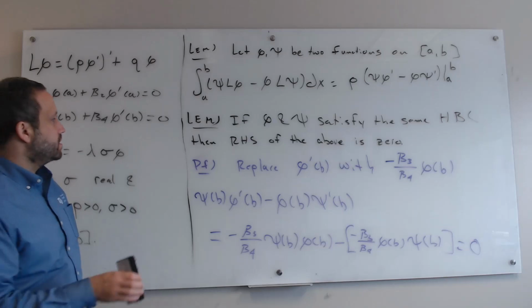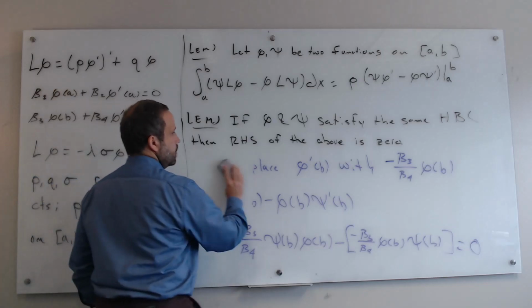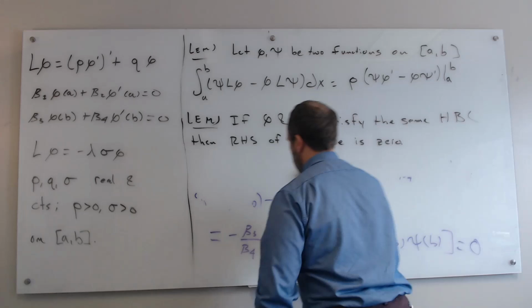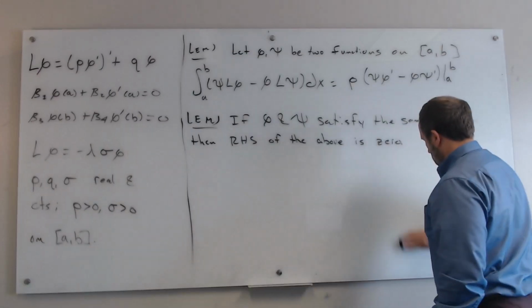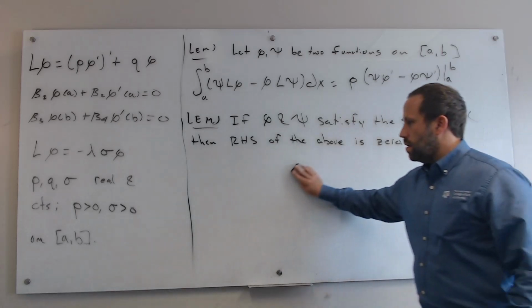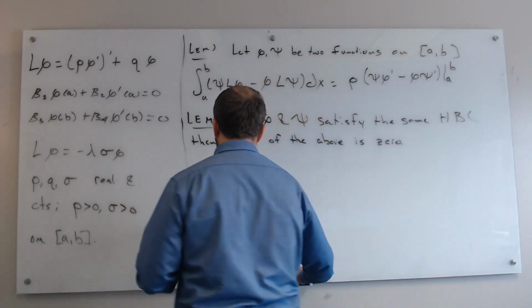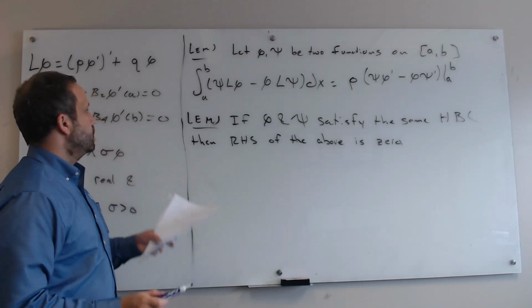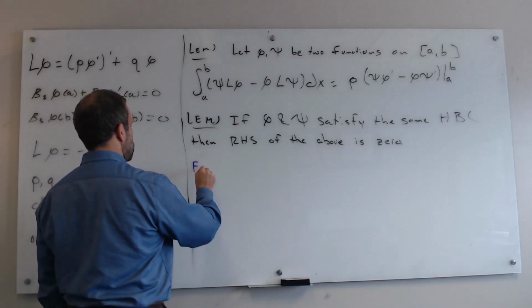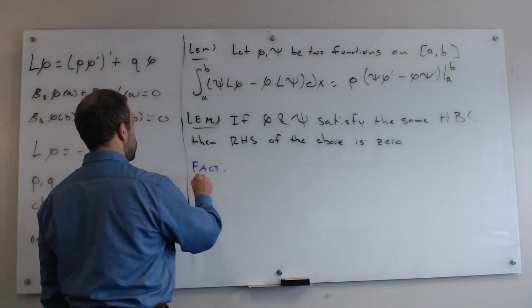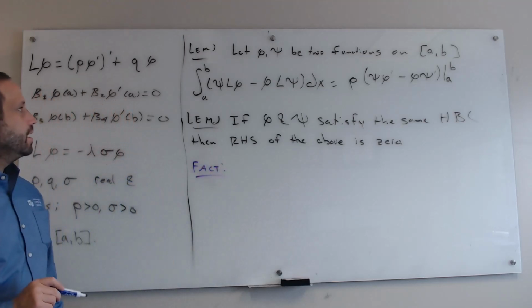And what that lets us say is the following. I'm just going to write this as a fact since I don't have it in the notes as a lemma or anything like that.